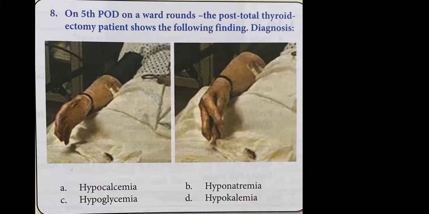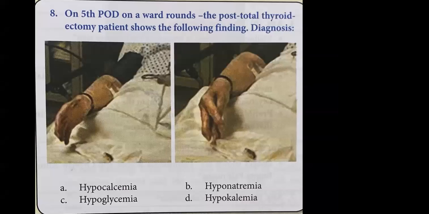So they put questions like this and ask, what is your diagnosis? I think for you also they may be asking like this only. This is Trousseau sign, also called carpopedal spasm, usually seen due to hypocalcemia, one of the complications in the post-operative period of thyroidectomy. This you should remember.